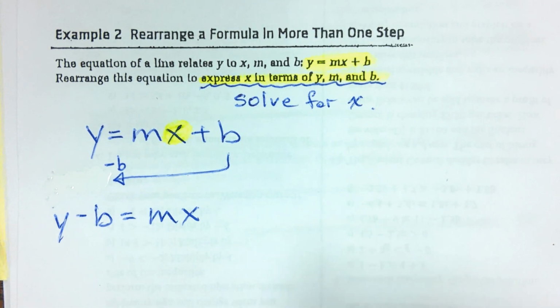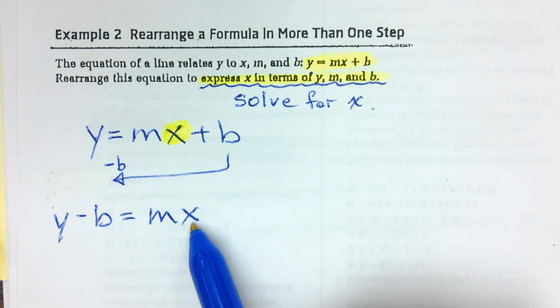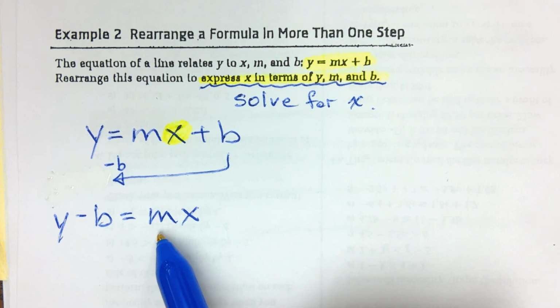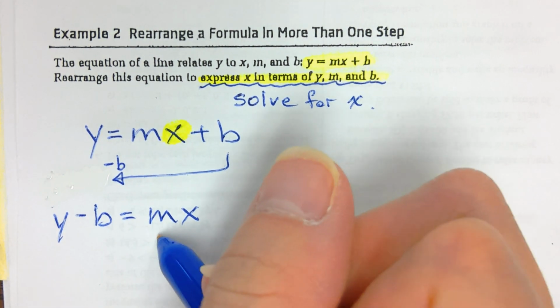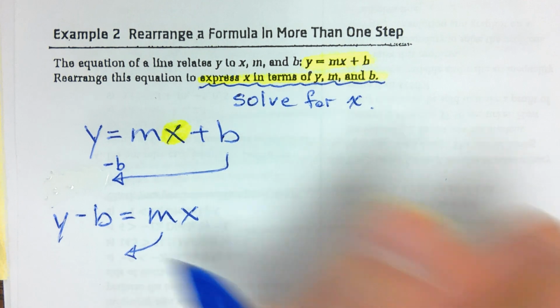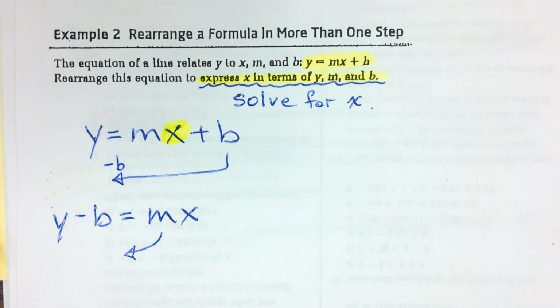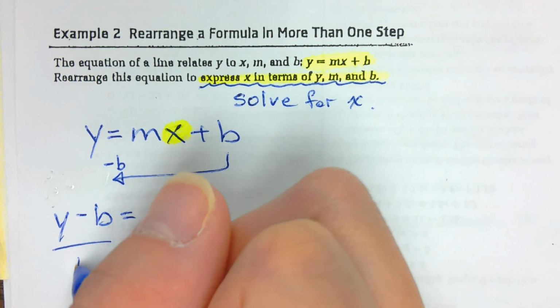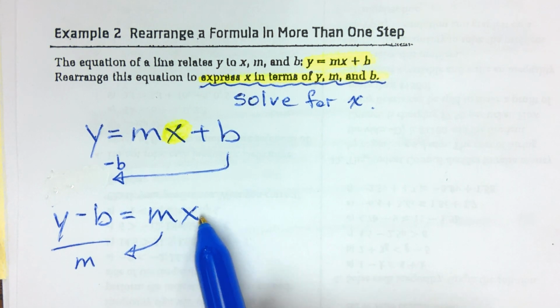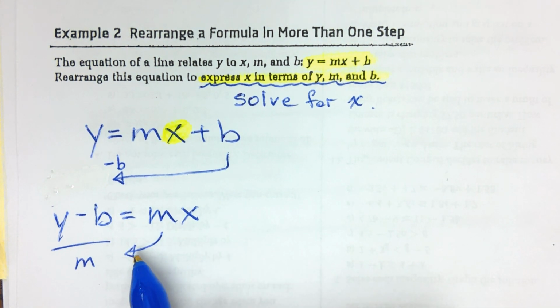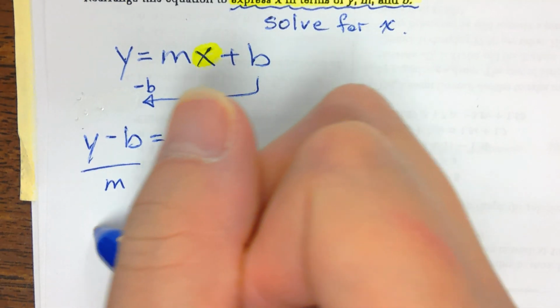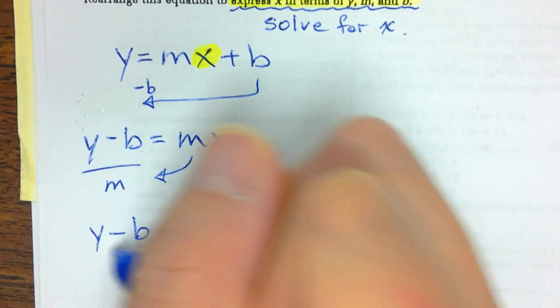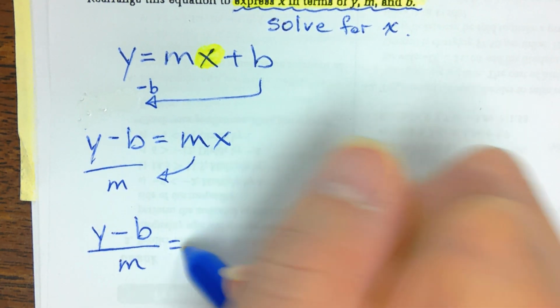So it becomes minus b. And then I still want x by itself, but I have m times x right here. So to kick out the m, I'm dividing. Since it's m times x, the opposite operation is divide. So my final equation is y minus b over m.